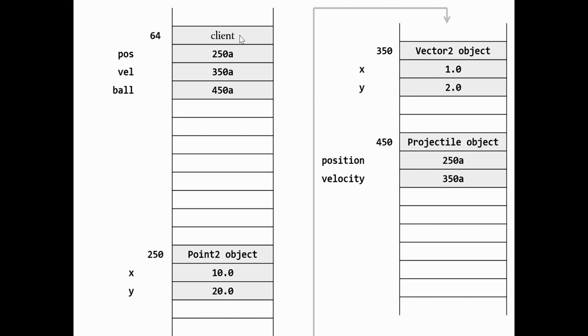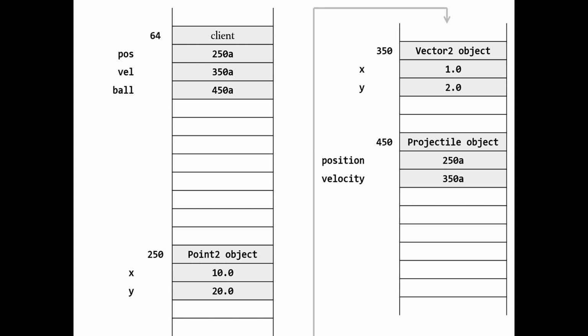So I have a reference to the point. The object address 250 is here. I have a reference to a vector object, so that's that object over here. And I have a reference to a projectile object, that's that object right there, sorry. Now internally, that projectile object, its position is just that object there, and its velocity is just that object there.